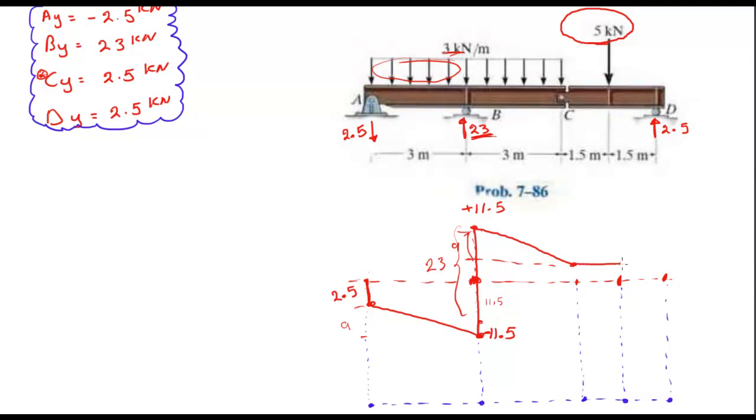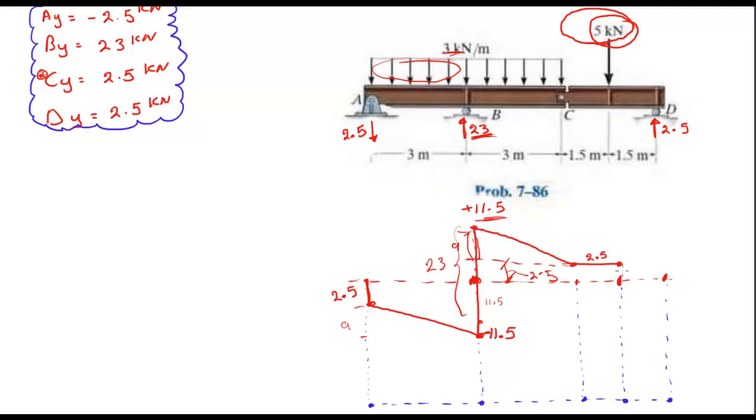What happens here? This 5 will bang me down. So I'm here. I'm dropping 9 from 11.5. So what is left here? What is left here is 2.5. So I'm here at 2.5, getting banged by this 5 kilonewtons.